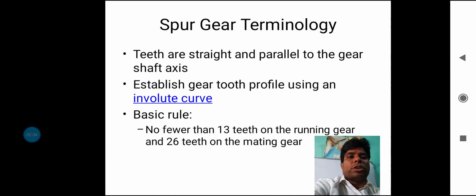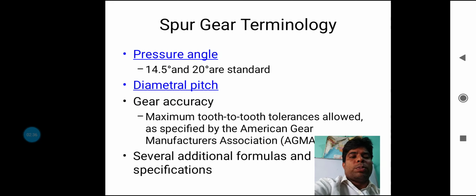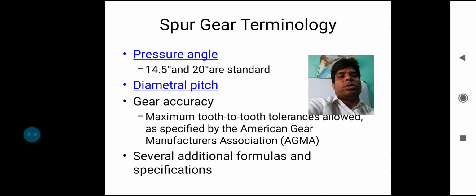The next point is pressure angle. Pressure angle is an imaginary angle which is used to draw the gear teeth profile.